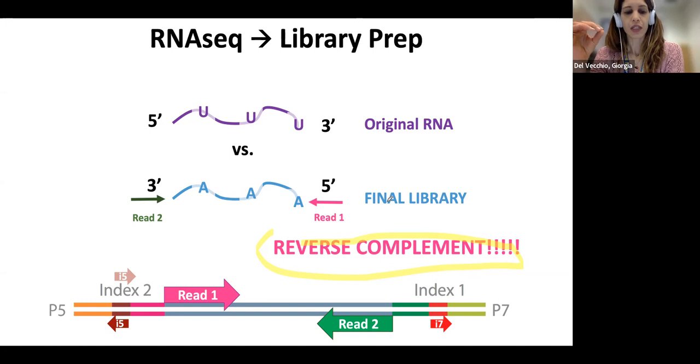And that's important because sometimes in the genome, you have genes that are mapping in the same exact location, but on opposite strand. So if you don't want to have any ambiguity, you need to go with a stranded RNA library prep.